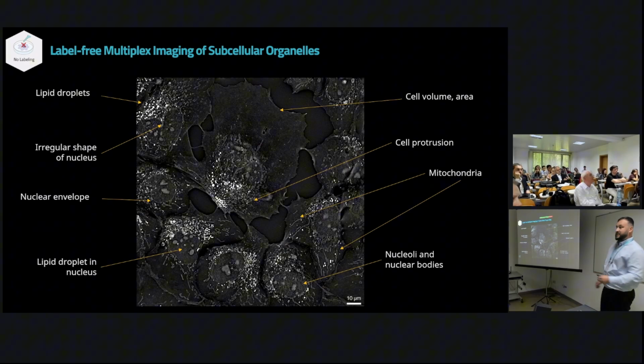You see the contrast here. It was mentioned before that whenever you use an interferometer or a laser as a light source, you're going to have some speckle noise. Now, because we're using an LED, you see the contrast there, you see literally the membrane attachment to the glass, all label free. This is the kind of information that you can get. Of course, in some cases you're going to ask me, how do I know that that's a nucleus?